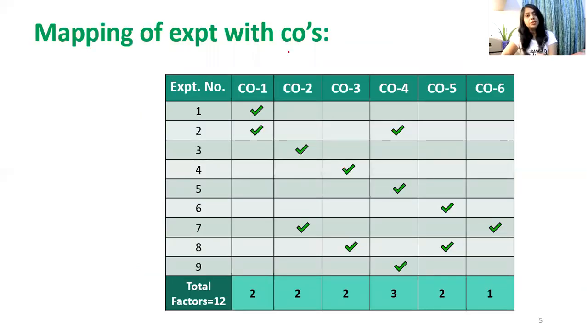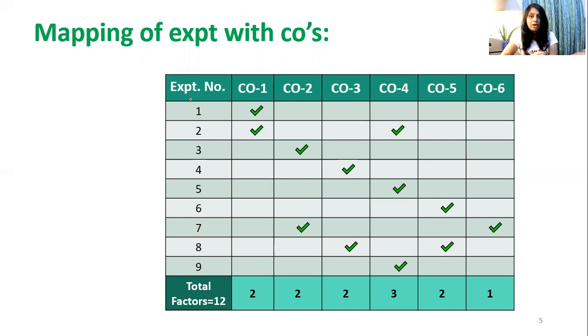Now, how to map the experiments with COs? Let's say in the lab we have taken 9 experiments. Now your list may consist of 6 experiments or 7 experiments or 10 experiments, 12 experiments. So you do it accordingly. Here write experiment number, and let's assume we have taken 9 experiments. Then write CO1, CO2, CO3 and so on.